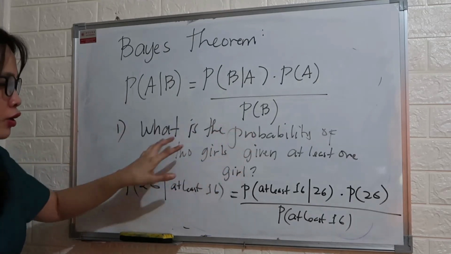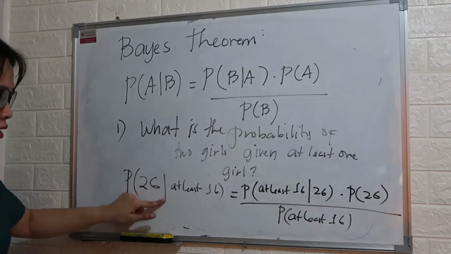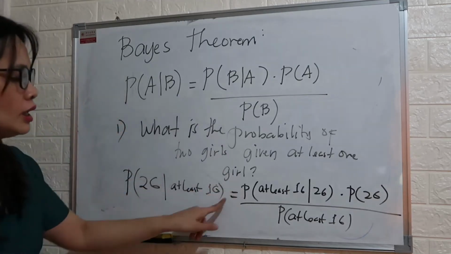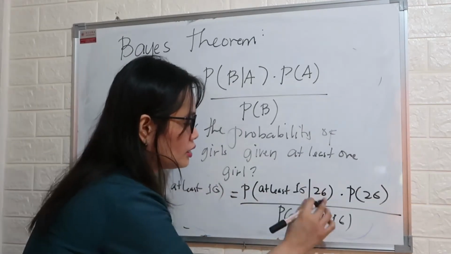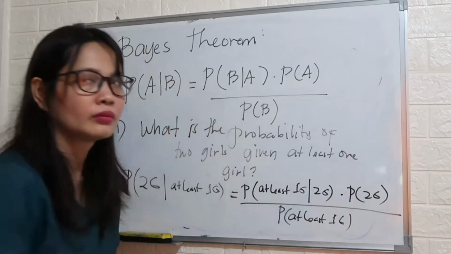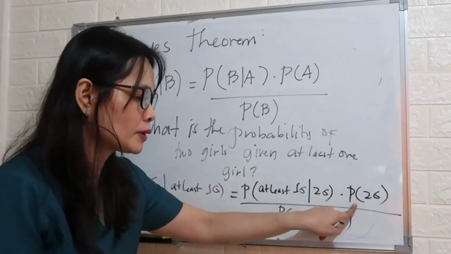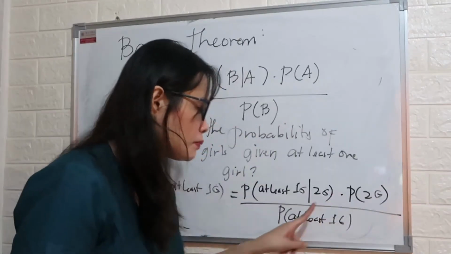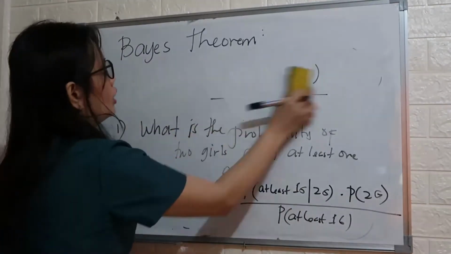So what is the probability of two girls given at least one girl? That will be equal to the probability of at least one girl given two girls, multiplied by the probability of getting two girls, over the probability of getting at least one girl.